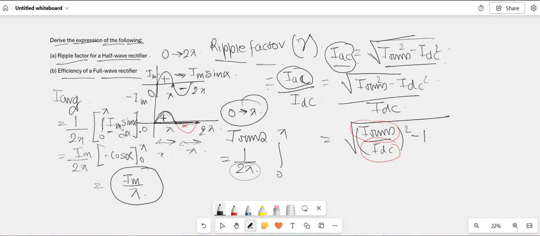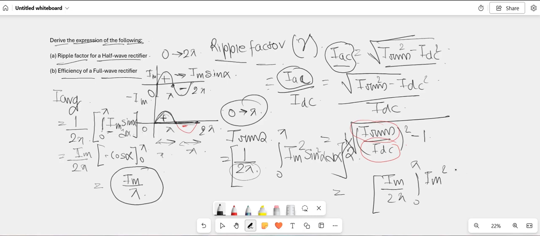And here, instead of Im sin alpha d alpha, we will perform the integration of Im square sin square alpha d alpha, and this entire calculation will be within a root. I am representing the root as 1 by 2. So here, if we do the calculation, we will get Im divided by 2 pi, integral 0 to pi, Im square. We will represent sin square alpha as 1 minus cos 2 alpha divided by 2, d alpha.